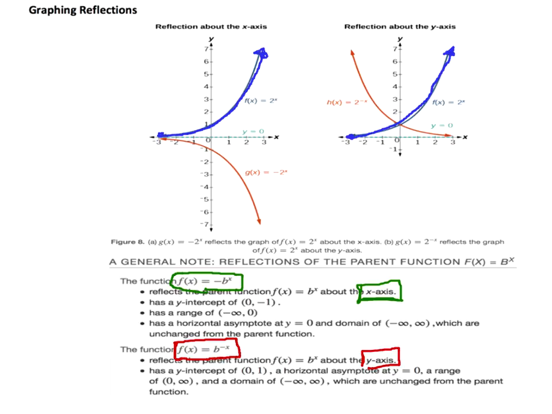When I place a negative, or multiply by -1, on the outside of the function, it's going to reflect it across the x-axis. So I'm now going through the point 0, -1. It changes the sign of my y values.